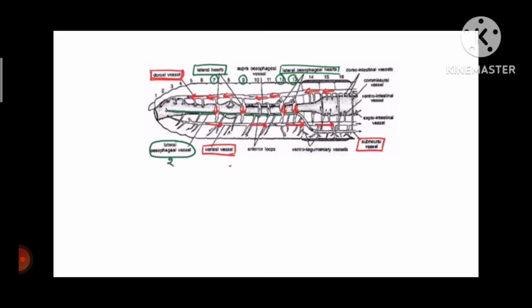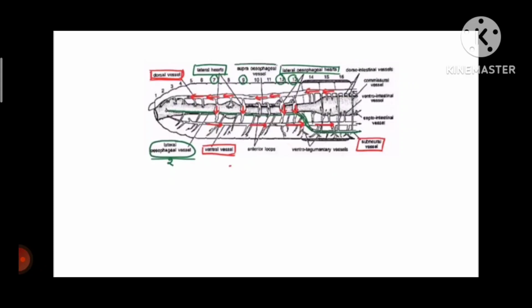There are 2 lateral esophageal vessels that will run parallel to the gut, and finally after 13th segment, both lateral esophageal vessels from right and left side will cross the ventral vessel and finally fuse to form the subneural vessel. So subneural vessel is formed by fusion of 2 lateral esophageal vessels.